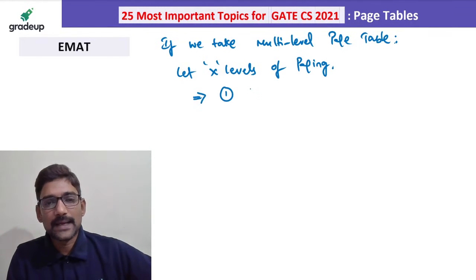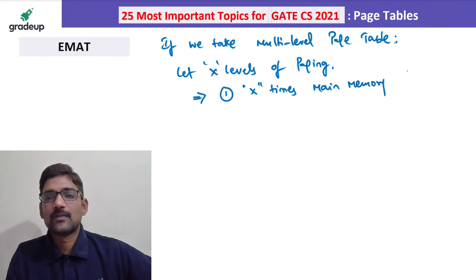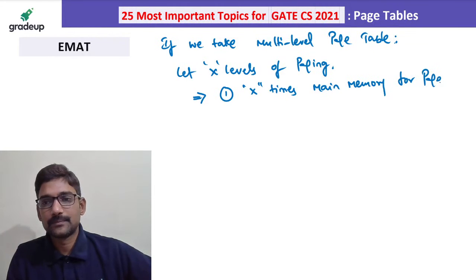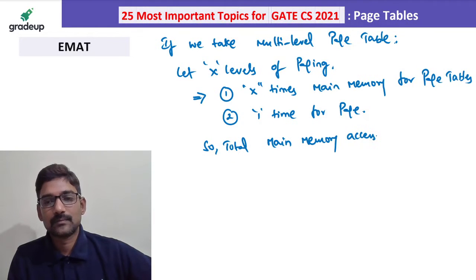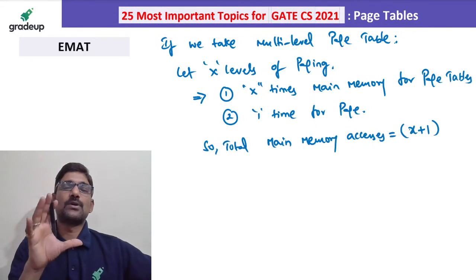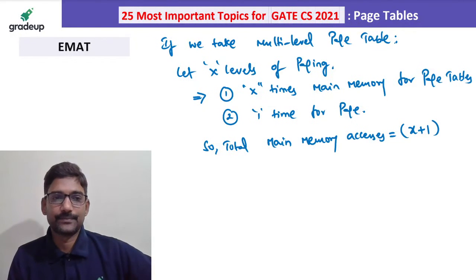Then we will access main memory x times for page tables, and one time for the page. So total main memory accesses will always be x plus 1, where x is the number of levels of paging.